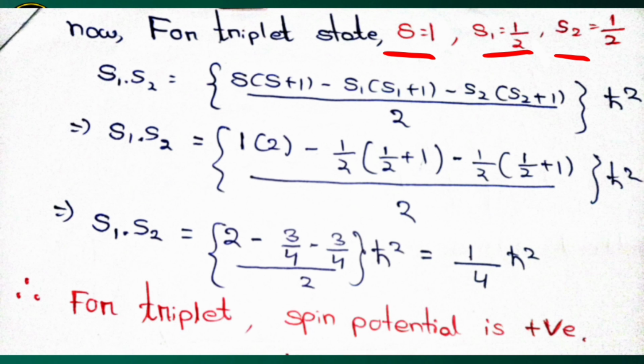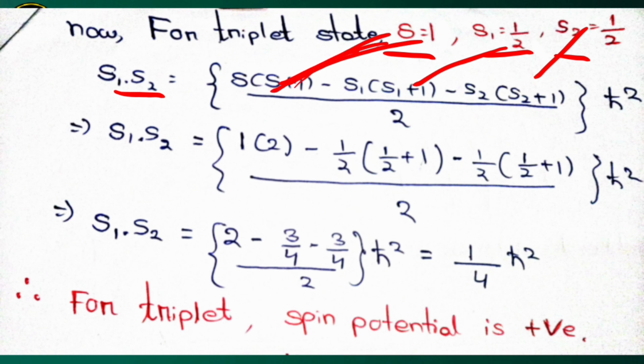We know that the spin interaction potential for nucleons can be written as S into S plus 1 minus S1 multiplied by S1 plus 1 minus S2 multiplied by S2 plus 1, whole divided by 2, multiplied by H cross square. So in place of S I will put 1, in place of S1 I will put half, and in place of S2 I will put half.